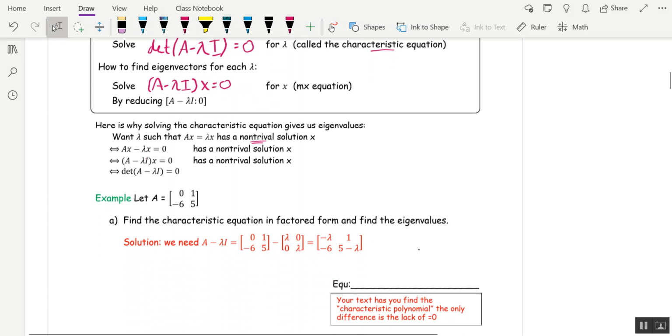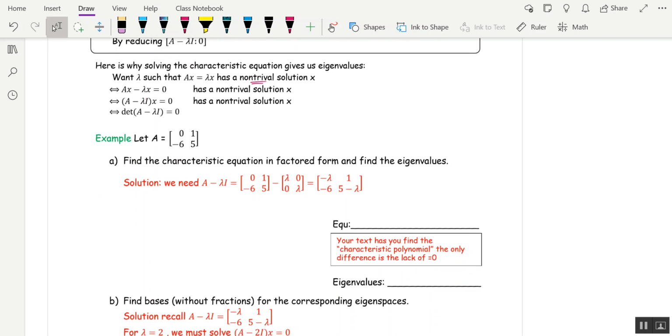Okay, so let's do, again, a concrete example of both. We're going to find the eigenvalues, and we're going to find the eigenvectors. I'm going to show you the notation that I would like. First of all, find the characteristic equation in factored form and use it to find the eigenvalues. So we're going to need the matrix A minus lambda I, which I went ahead and wrote down.